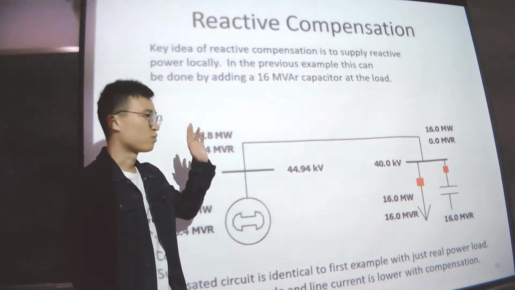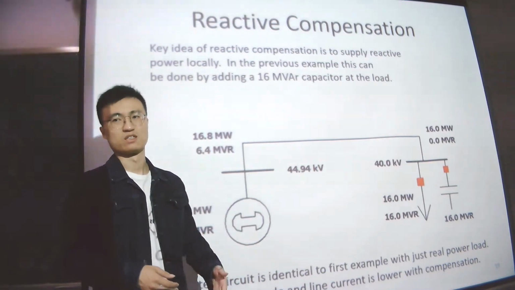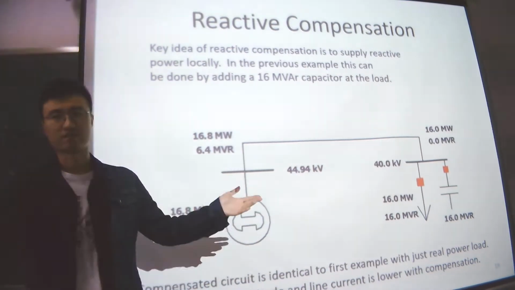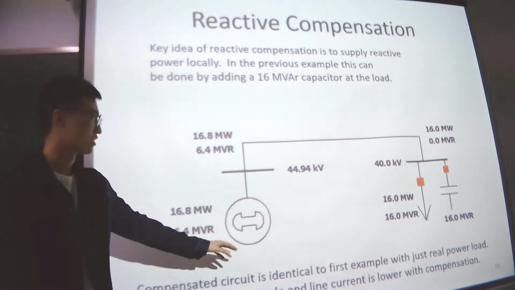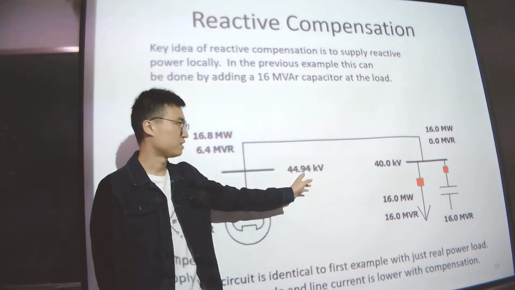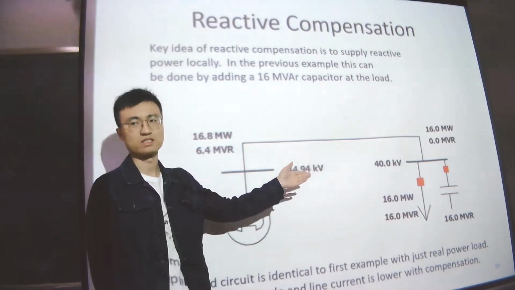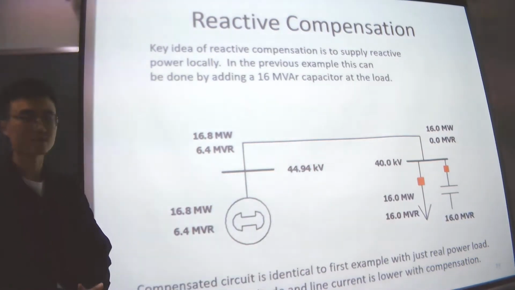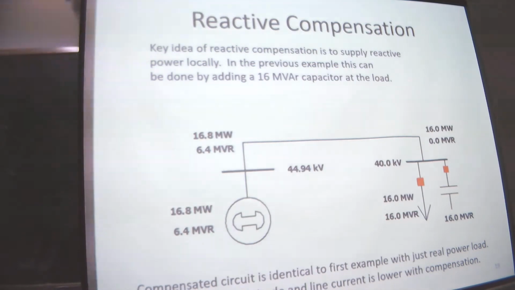Especially when the transmission line is very long, the loss cannot be ignored. This is why there is a difference between the voltages of these two buses. The first bus is 44.94, almost 45, and the second bus is 40.